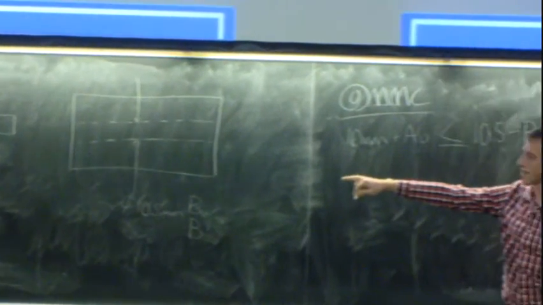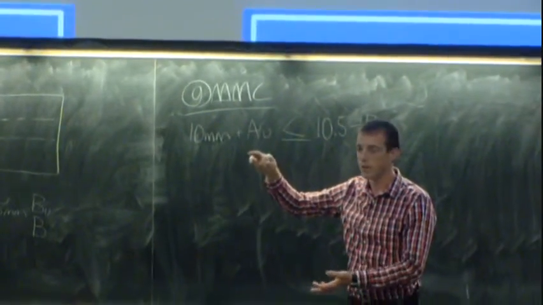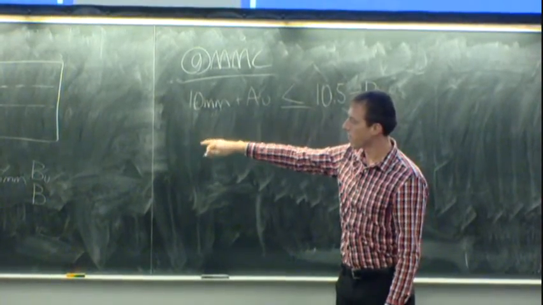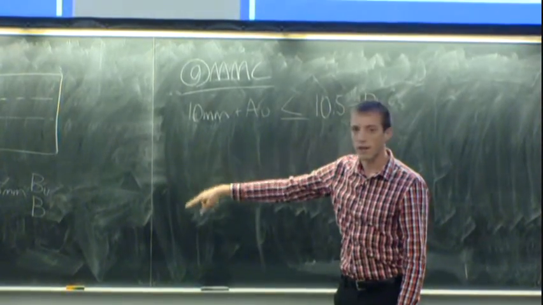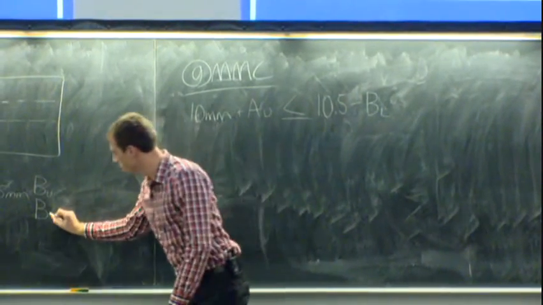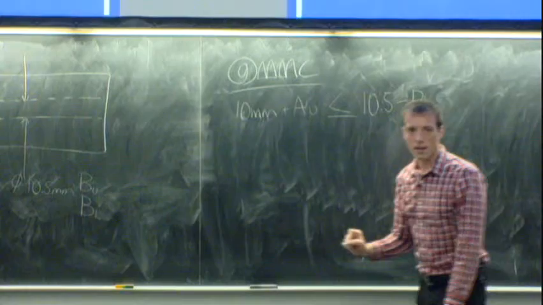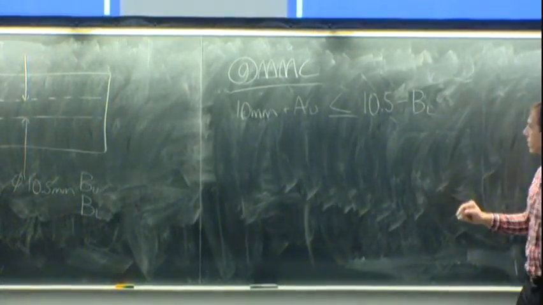Does that make sense to everybody? So you're just saying, here's how big that is nominal plus how big I'll let it be with my tolerance, and make that less than the size of the hole at its lowest size. Sorry, this is the lower. Does everybody see where I get that? It's algebra, but see where it's coming from?